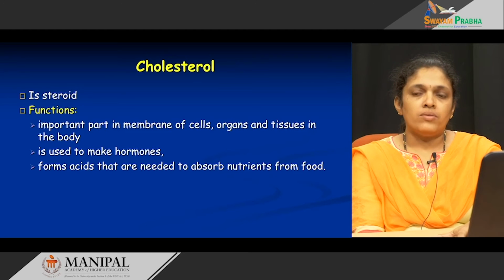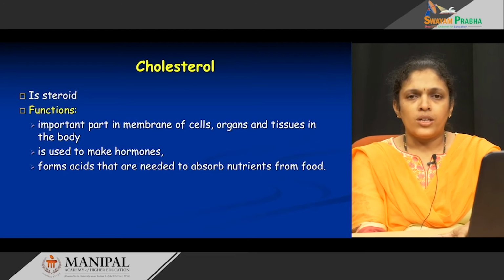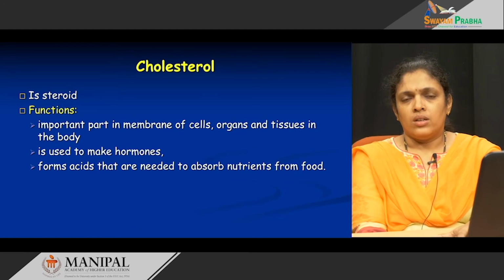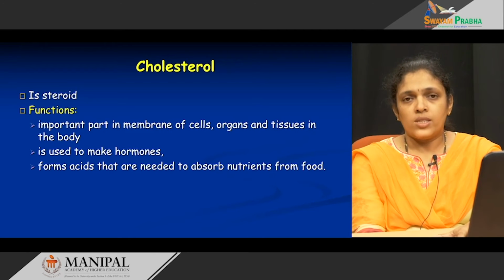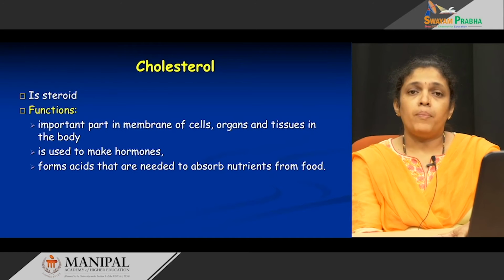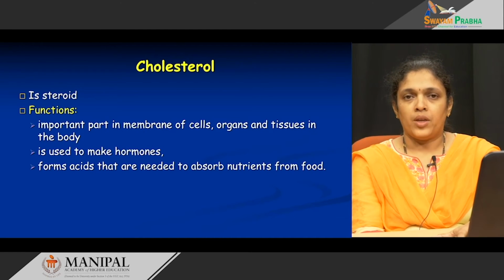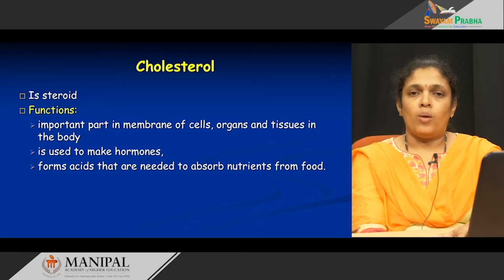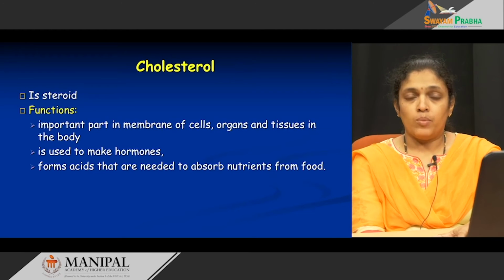The most important function is that our body is made up of various cells, organs and tissues. To have these cells in proper shape and structure, we need cholesterol to be a part of the cell membrane. It is a structural component of the cell membrane, the most important function of cholesterol.